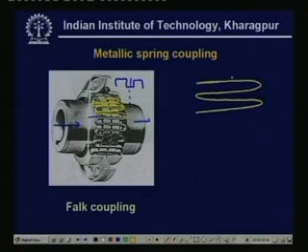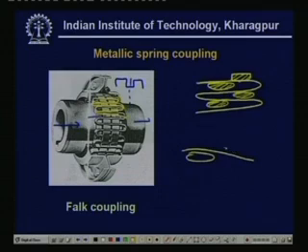So this is one part, this is another part. Similarly here there is one part, there is another part. If you look at the spring, this is one side of the spring, and these are the two parts as I say here this way. Now whenever there is a shock, then it can take care of the shock.